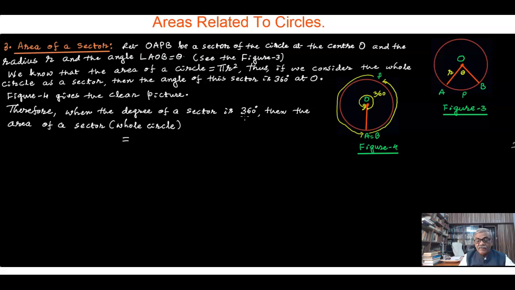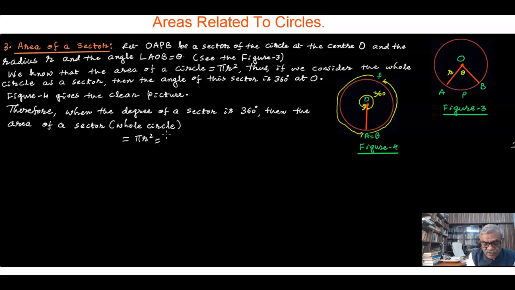Therefore, when the degree of a sector is 360, then the area of the sector, I mean the whole circle, is equal to, I would like to write pi r squared.